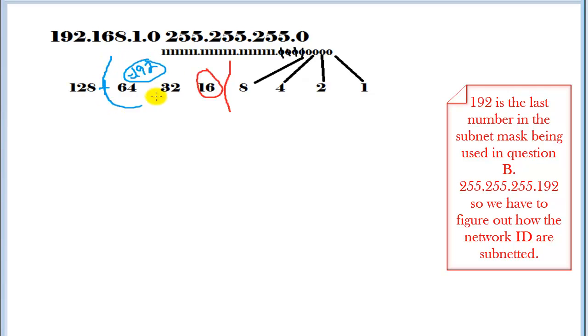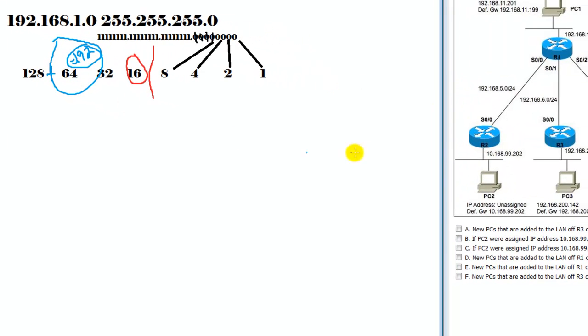So this is our network range. So our first address in this example, 10.168.99.0, and then .64, and then .128.